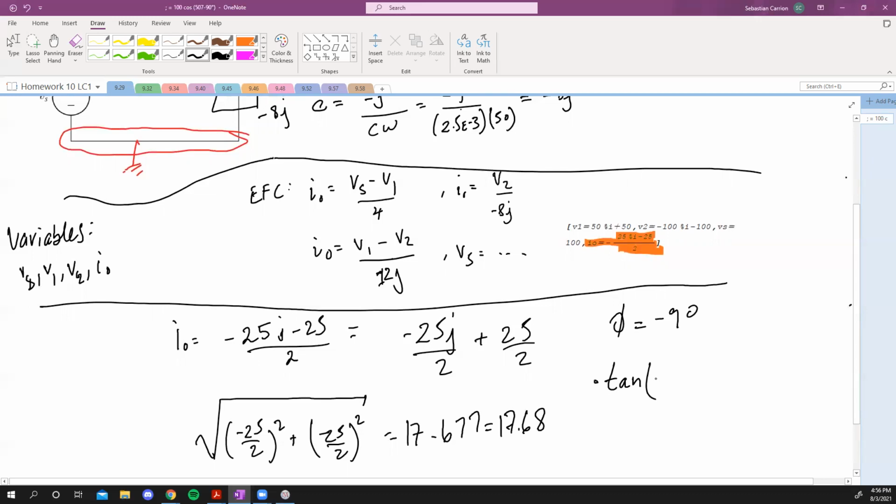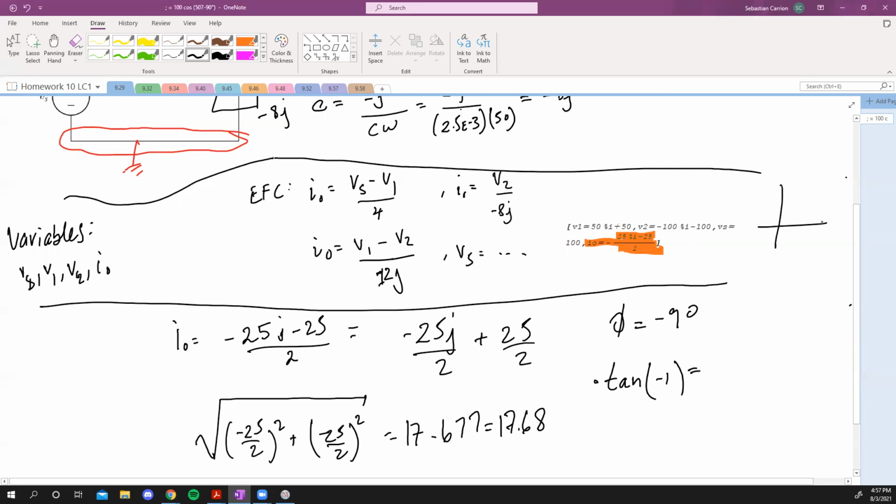But anyways, we want to find the angle, so it's going to be tangent inverse of 25 over 25, which is 1.